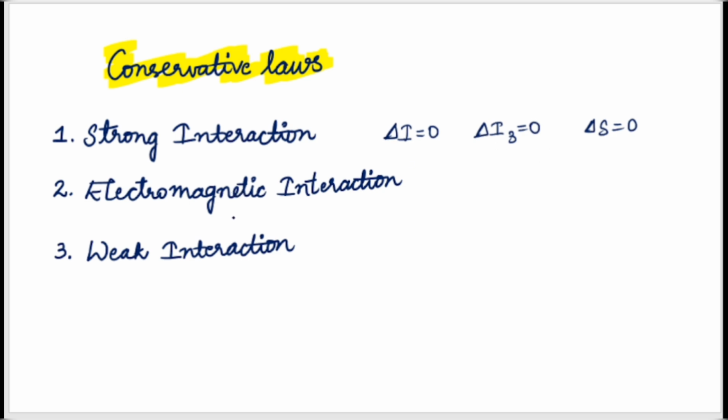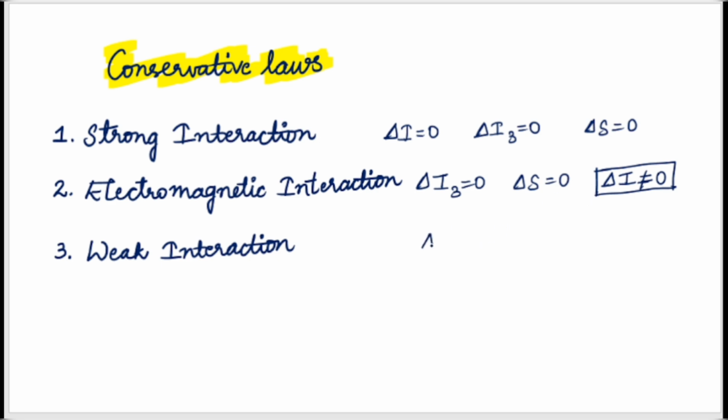When the third component and the strangeness are conserved but the isospin is not conserved, the given reaction is an electromagnetic interaction.